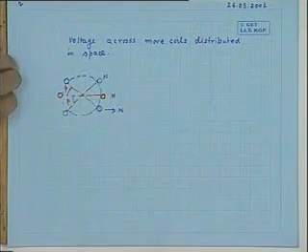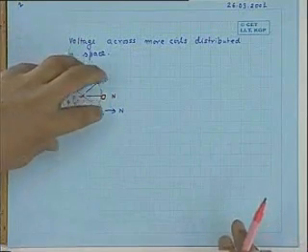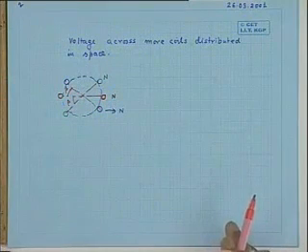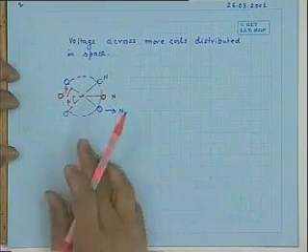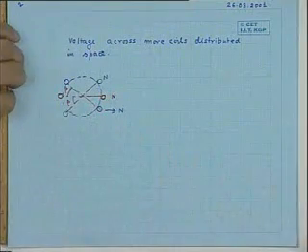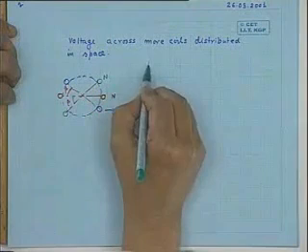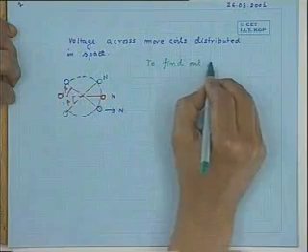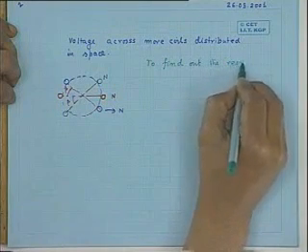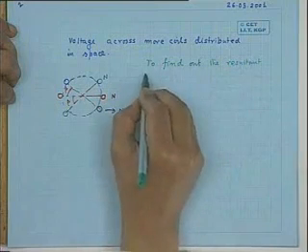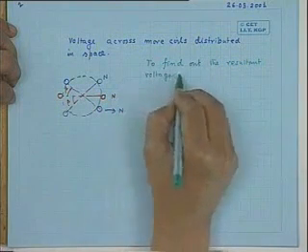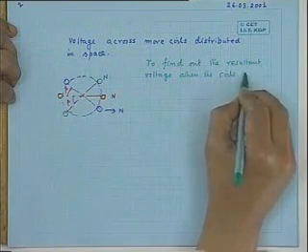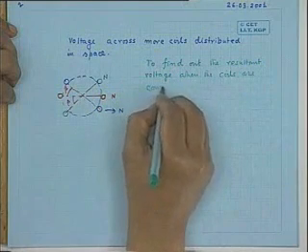The angle between the coils is beta, and these coils are kept in a magnetic field which is sinusoidally distributed in space, and I want to find out the resultant voltage when the coils are connected in series.